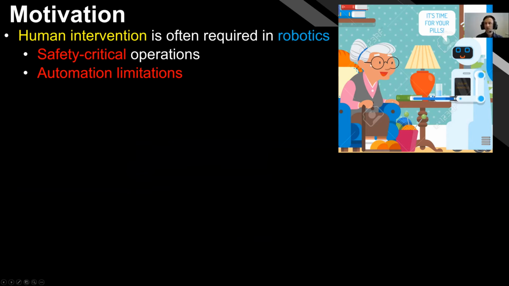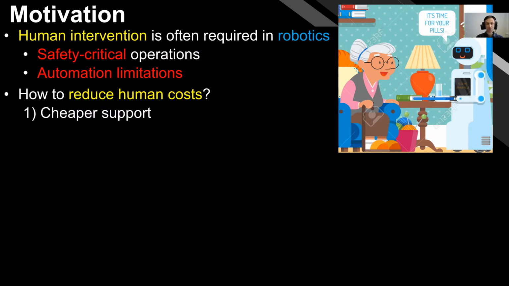So typically, for a robot distributing pills, if it doesn't recognize well the shape or the color, then you might want to have a human check before it's delivered to the elderly. The problem of this human check is that it's costly, and so we try to reduce this cost.